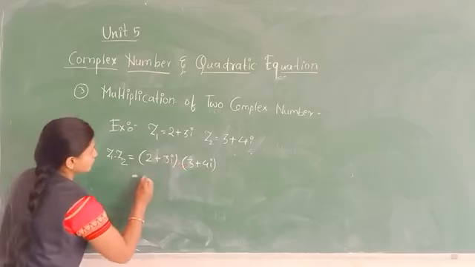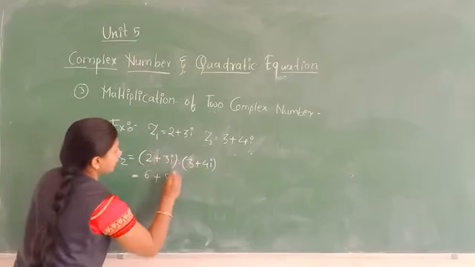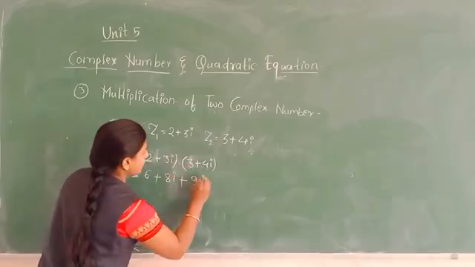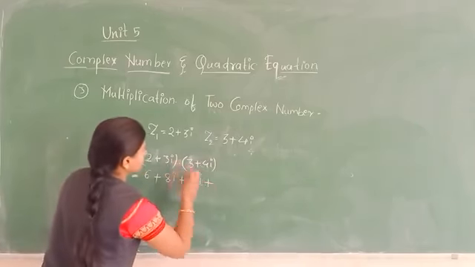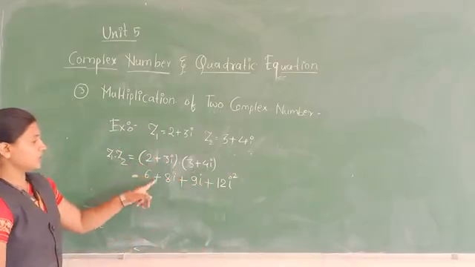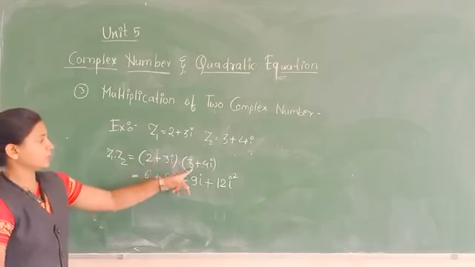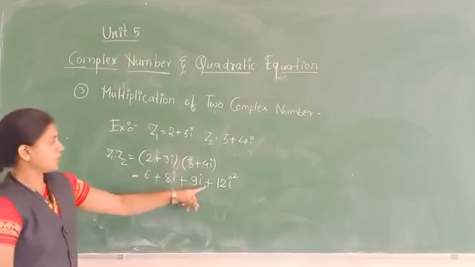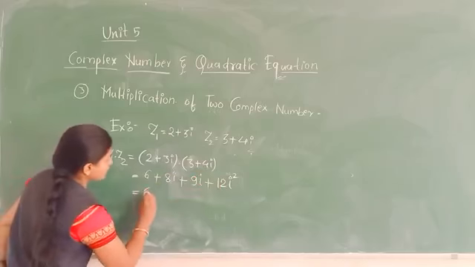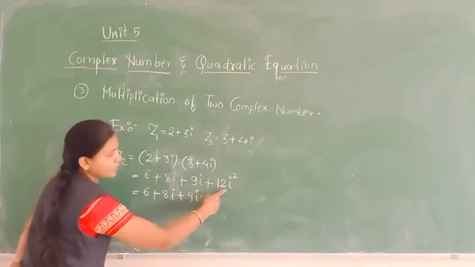Here that is simple multiplication. 2 into 3 is 6, plus 2 into 4 is 8i, plus 3 into 3 is 9i, plus 3 into 4 is 12 i square. So 6 plus 8i plus 9i plus 12 i square.